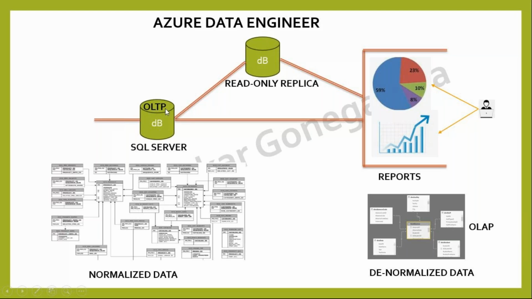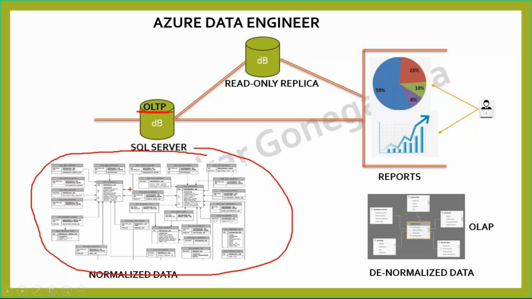OLTP stands for Online Transactional Processing System, which is specifically designed for running the business. If you want to run the business, you need to have a database with online transactional processing. The design of the system uses ER modeling, entity relationship. This is the structure of that. I'm just giving an idea here.